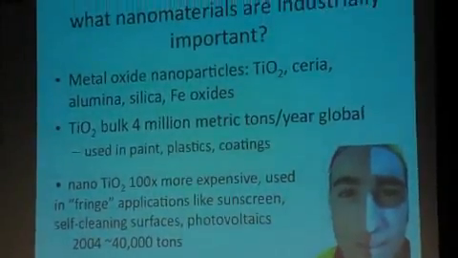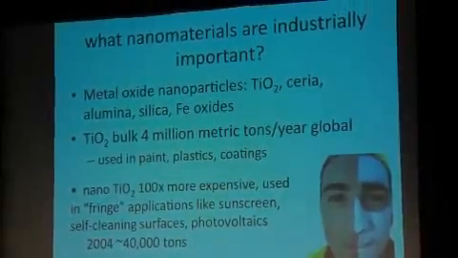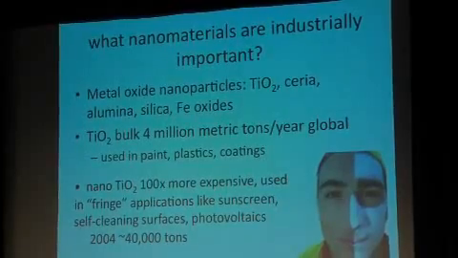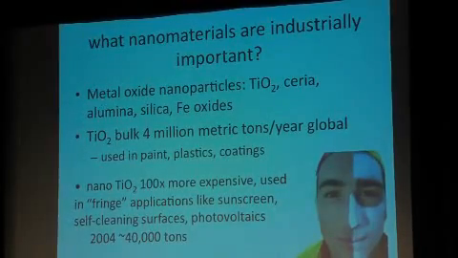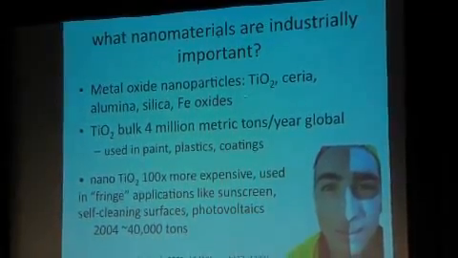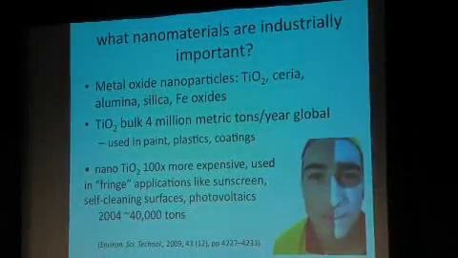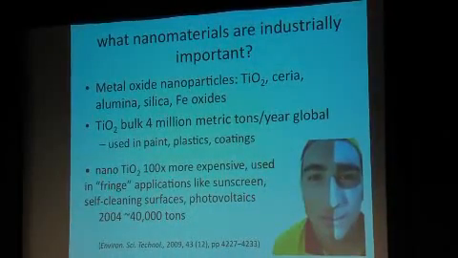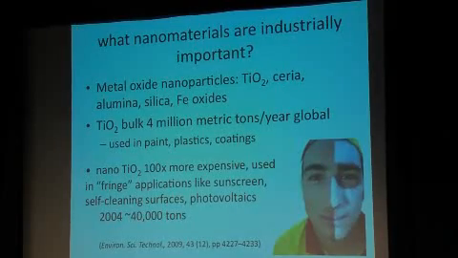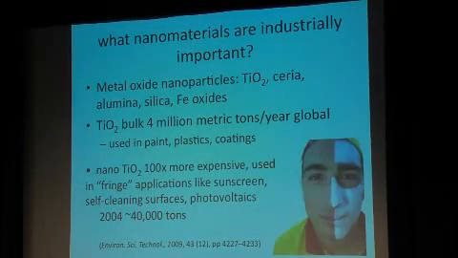Okay, so I wanted to go through some industrially important nanoparticles. A big sector is metal oxide nanoparticles. I'm going to focus on titanium dioxide, but other nanomaterials that are made include ceria, alumina, silica, and iron oxide particles, and I'm sure there are many others, but these are some of the big ones.